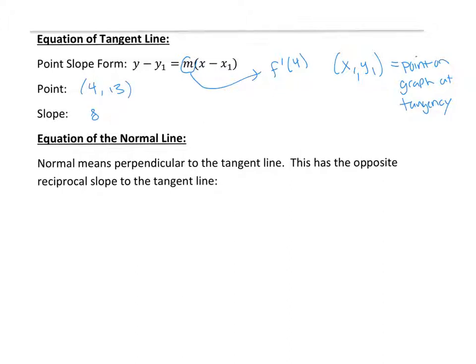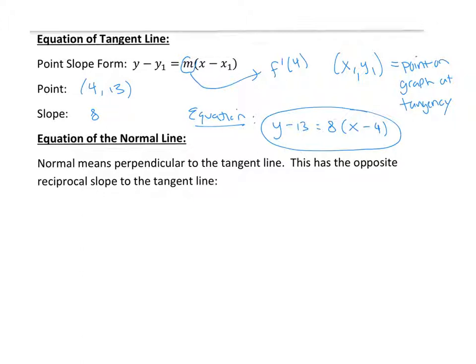So the equation of our tangent line is going to be y minus 13 equals 8 times (x minus 4). That is the equation of our tangent line.